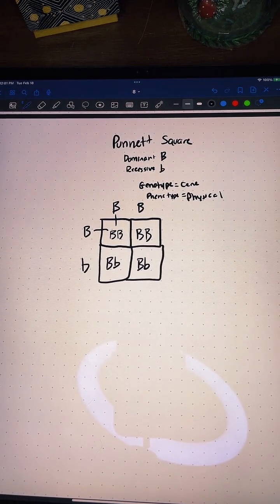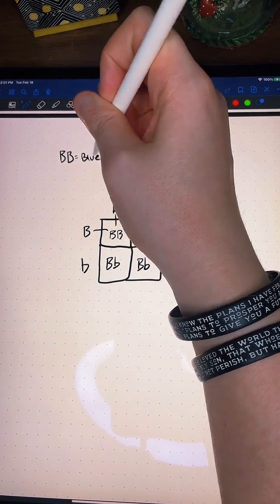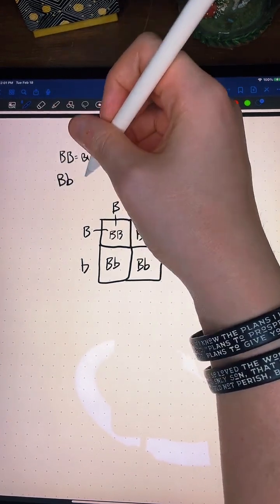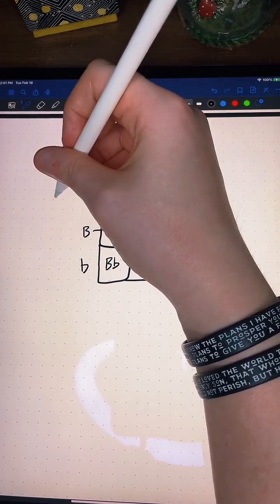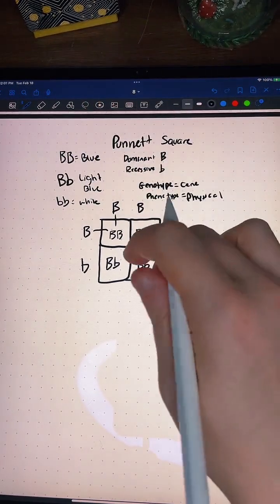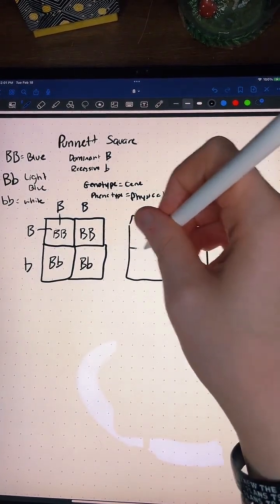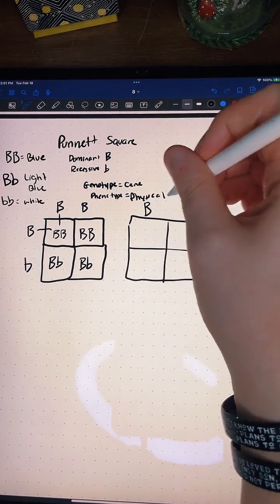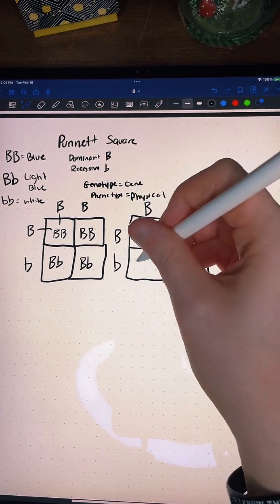Does that make sense in a way? They're not too difficult, just some practice questions. Say BB is blue, Bb is light blue, and lowercase bb is white. Sorry for my crappy squares.